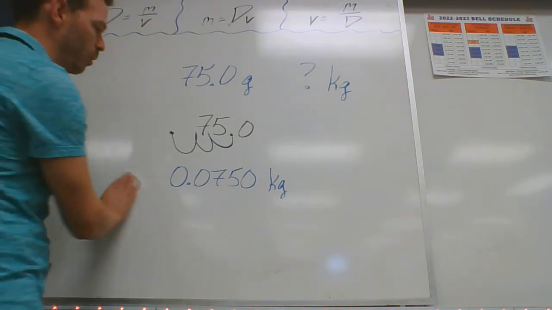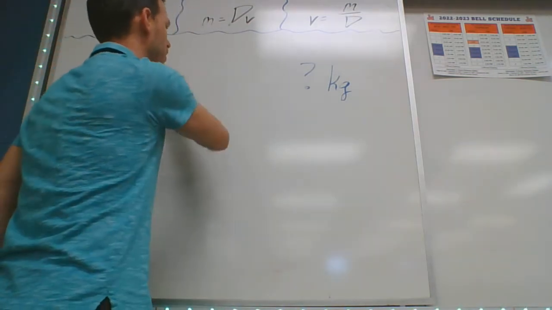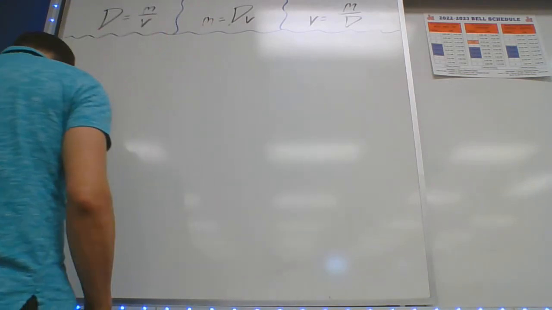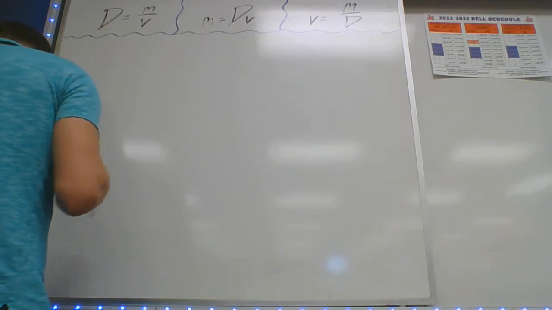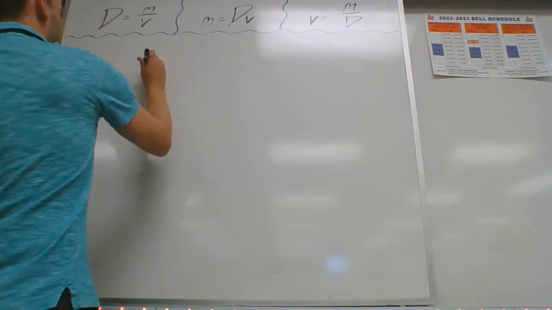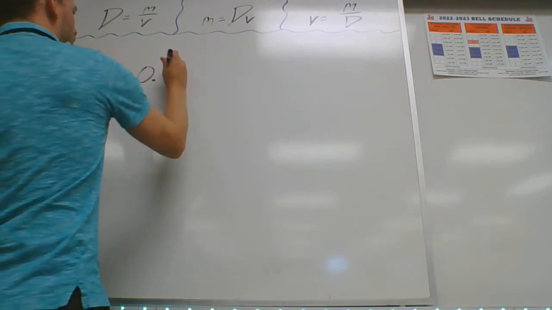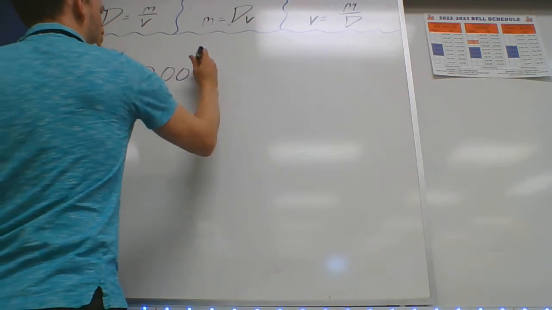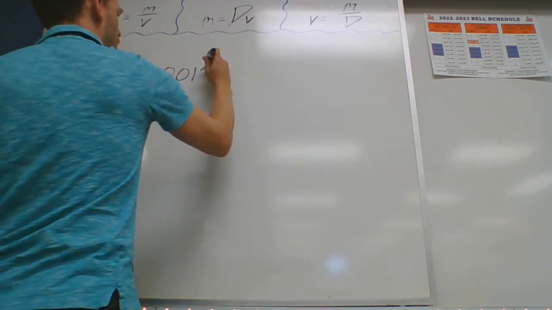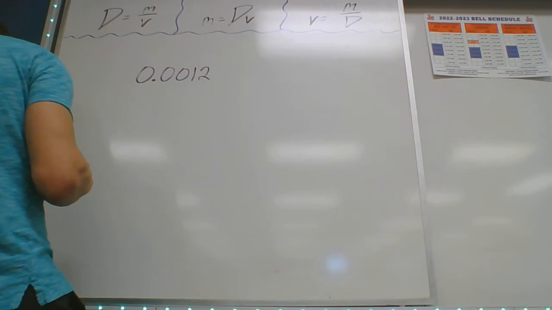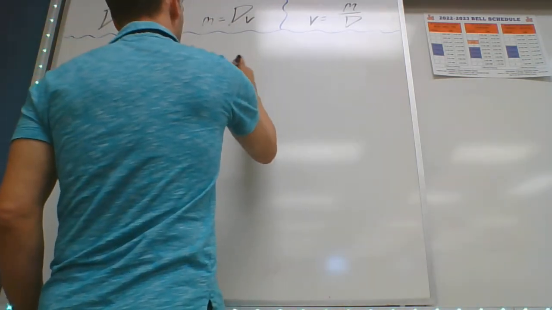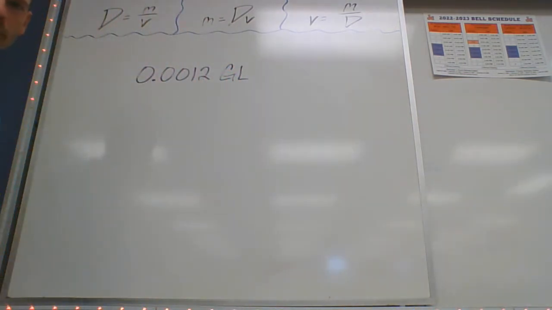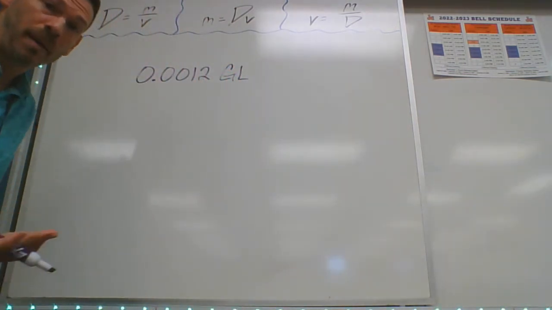All right, let's do one more. What if instead I gave us 0.0012 gigagrams, or let's go gigaliters. You can find giga, and liters is just a different base unit.